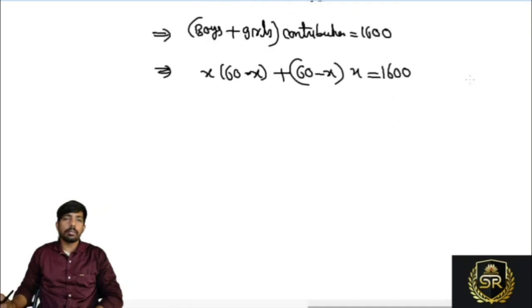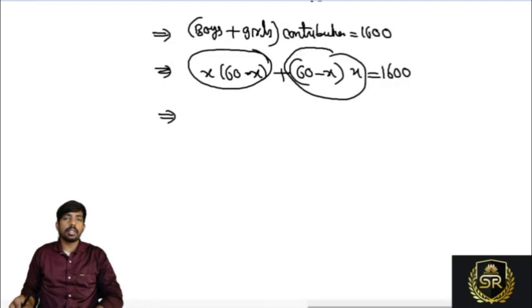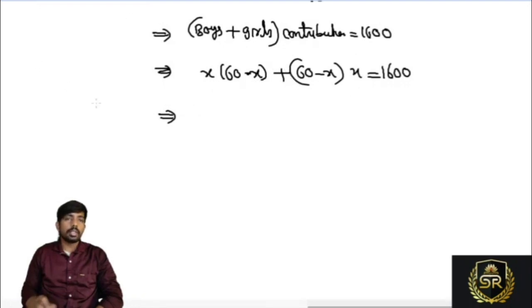Let us consider this as 1 unit. 1 unit plus 1 unit is 2 units of x into 60 minus x, equal to 1600.